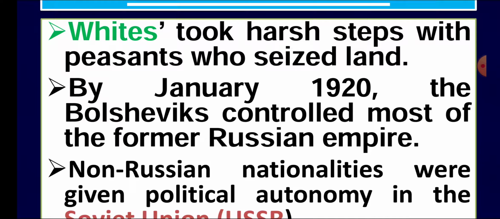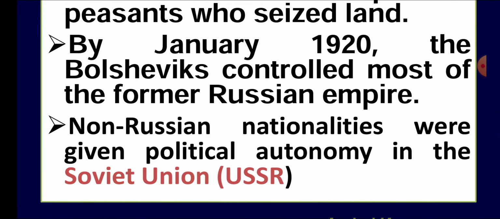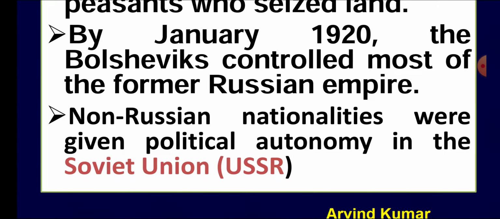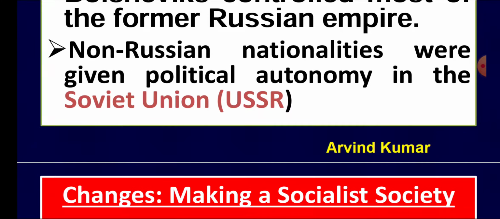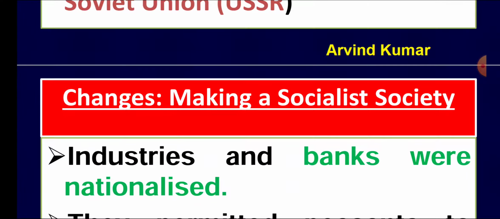But under the command and control of Lenin, all these were punished and the land was distributed, and Russia became the USSR, the Union of Soviet Socialist Republics, a powerful nation after the First World War.